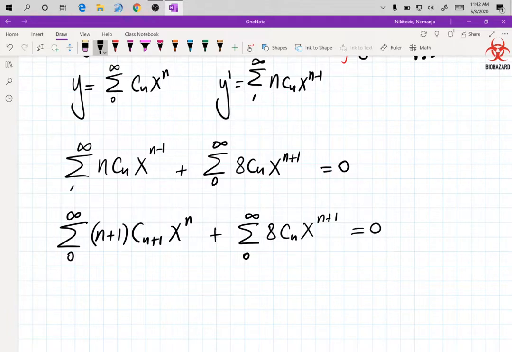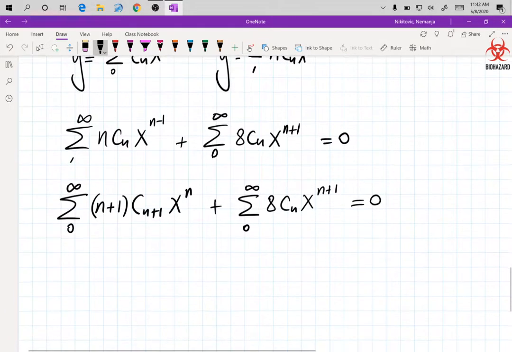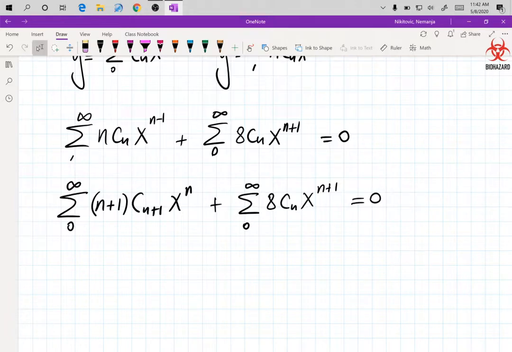All right. Now, what I can do is shift the counter one more time to align, because it's more important to align your x's to have the same power.